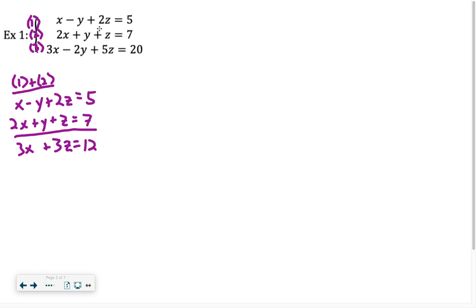And then I need to eliminate the y's again by adding 2 other equations. So if I look at equations 2 and 3, if I multiply equation 2 by 2 and then add that to equation 3, the y's would cancel. So I'm going to write out 2 times equation 2 plus equation 3. And I'm going to go ahead and multiply equation 2 by 2 as I write it down. So that'll be 4x plus 2y plus 2z equals 14.